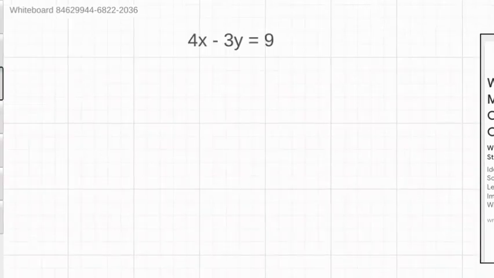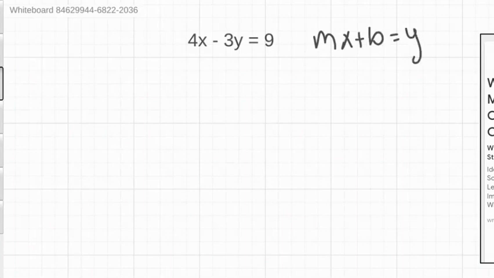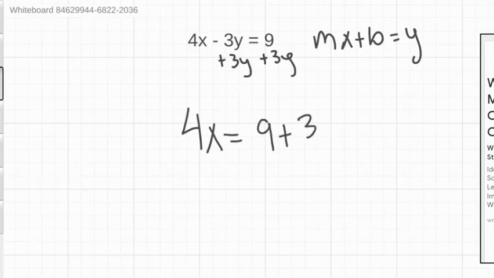Alright, let's see this one. 4x minus 3y equals 9. Find the slope, the perpendicular slope, and the parallel slope. So we know that we need to write our equation into y equals mx plus b form to get our slope. So we would have to add 3y to each side, and we would get 4x equals 9 plus 3y.